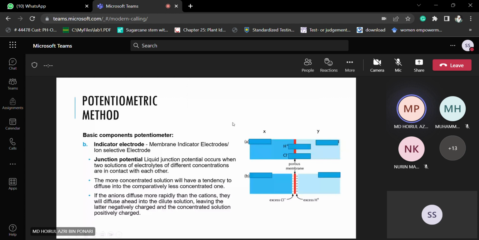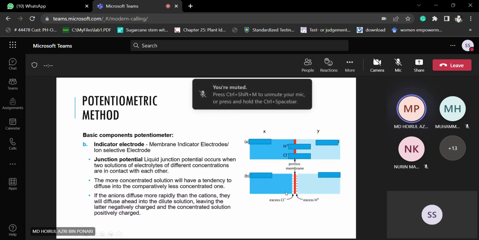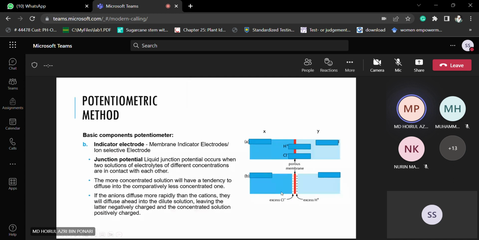So before both solutions are in equilibrium, ini yang akan berlaku. Sebelah X akan excess negative anions, sebab chloride ni dia lebih besar, dia lambat sikit untuk diffuse into Y solution. And the hydrogen ions will move faster, sebab dia lebih kecil. So apa yang berlaku? Dia ada different charge gradients.